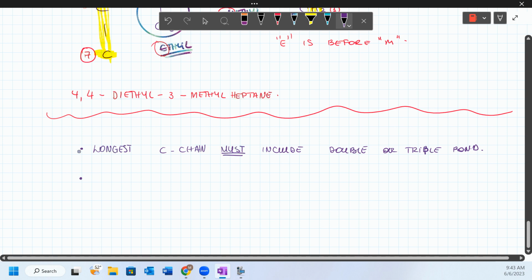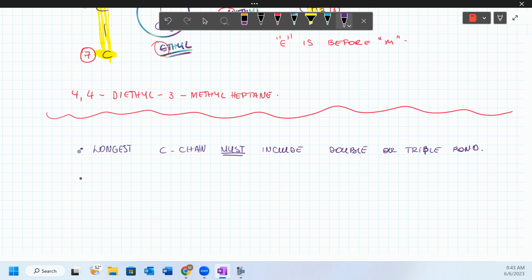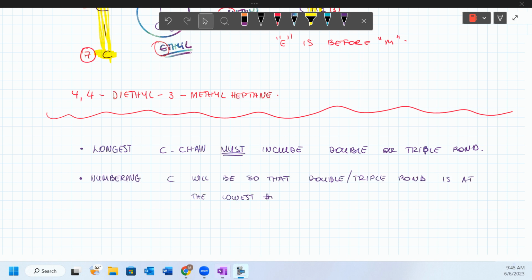And when we are labeling and numbering the carbons, we have to keep in mind that the double or the triple bond has the lowest number. Okay, so we said that for the alkane we will see which one has the closest branch. What we will do here is see how we can start so that the double or the triple bond has the lowest number of carbon.